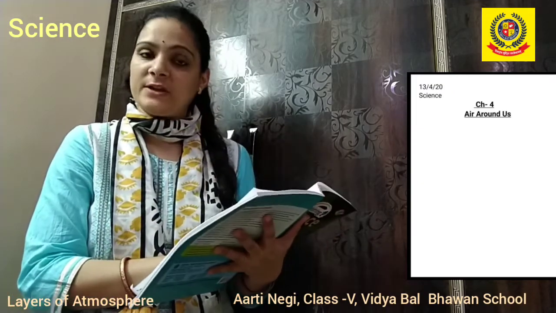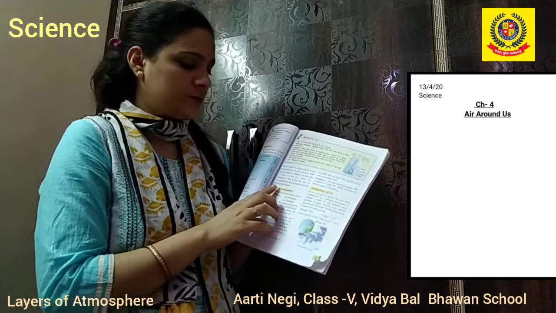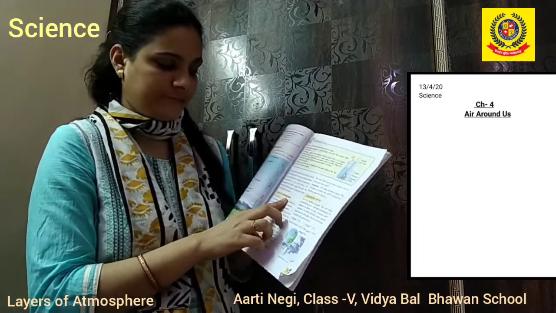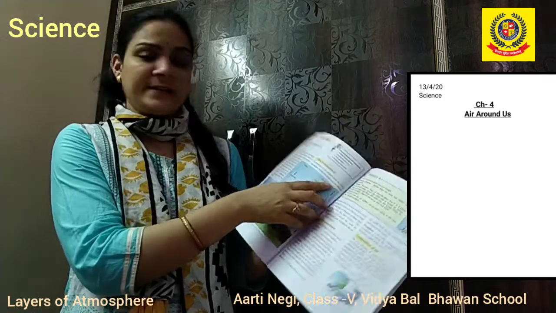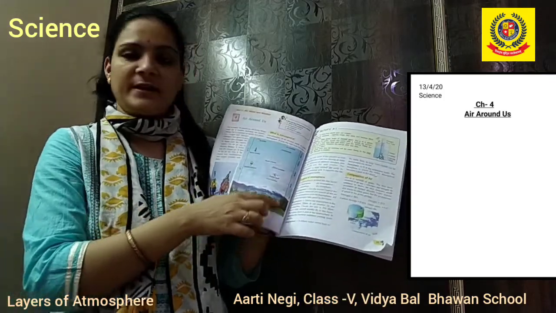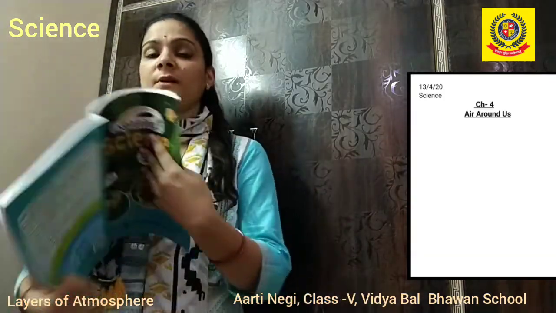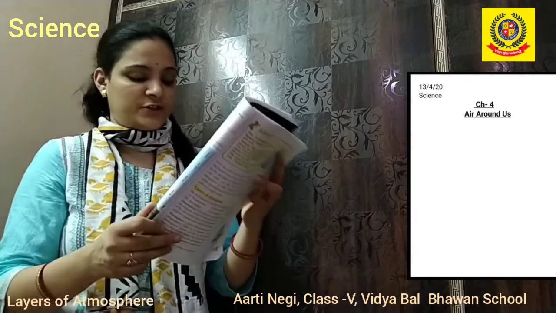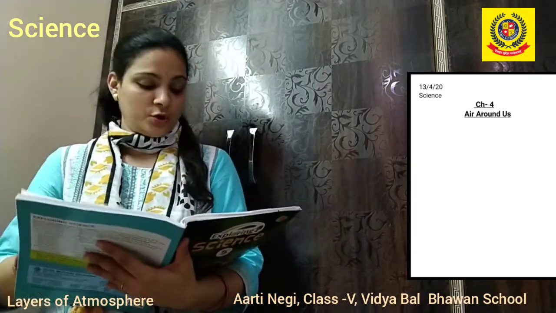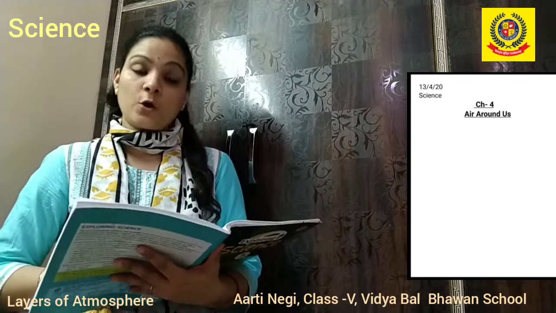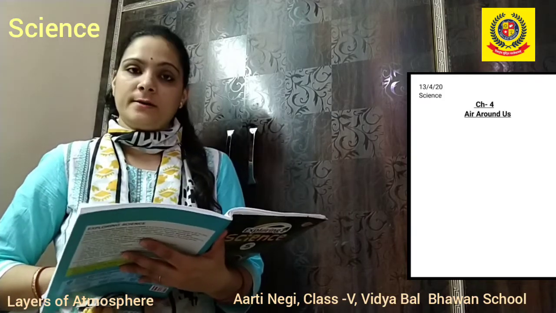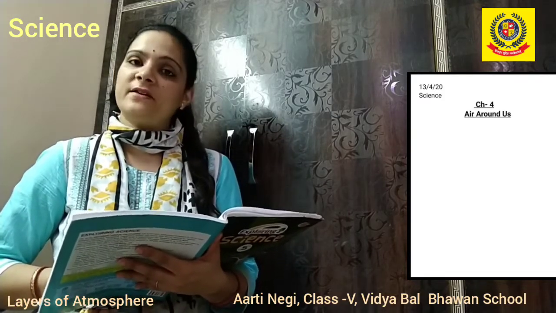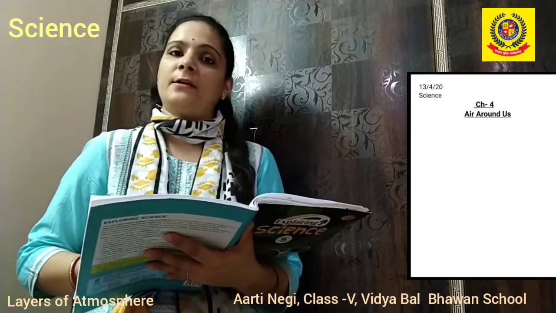On this page there is a topic, layers of atmosphere, and related to this the image is given on page number 34. Today we are going to learn about the different layers of atmosphere.